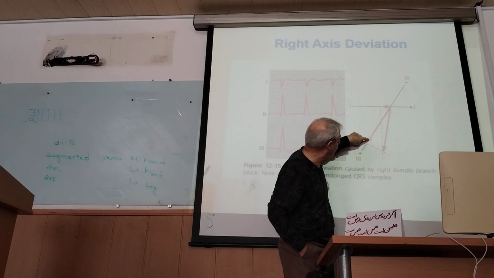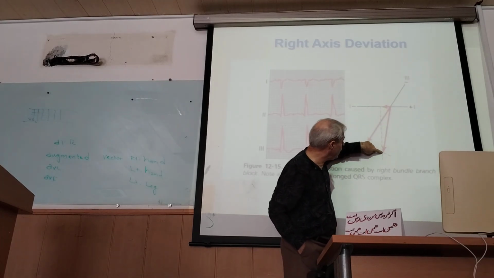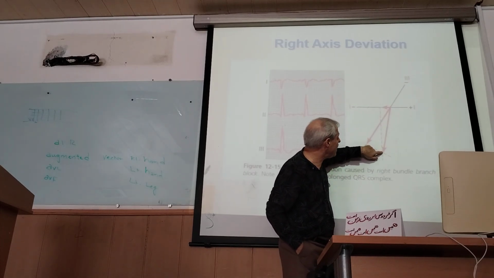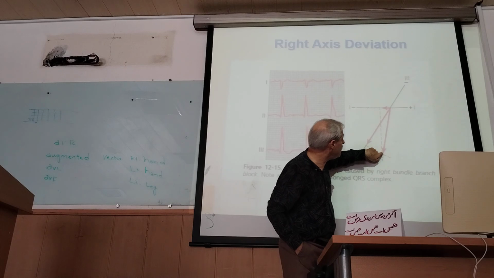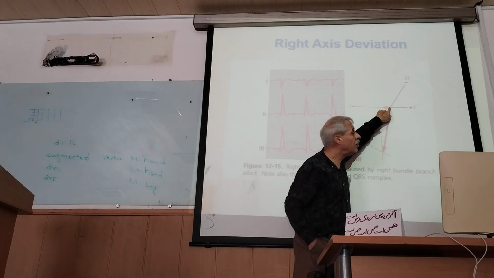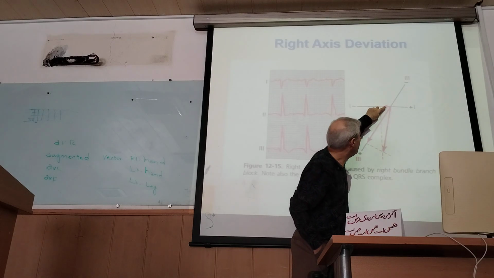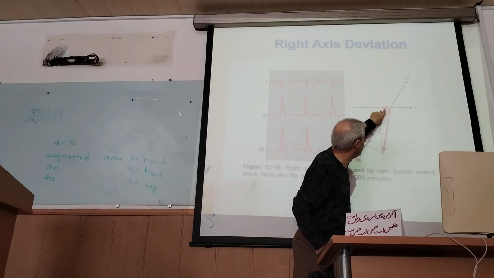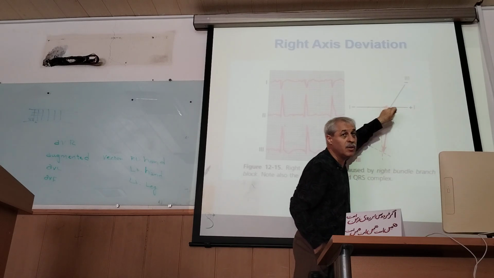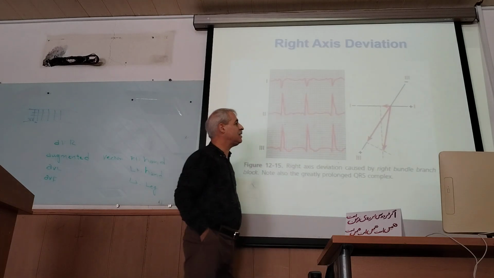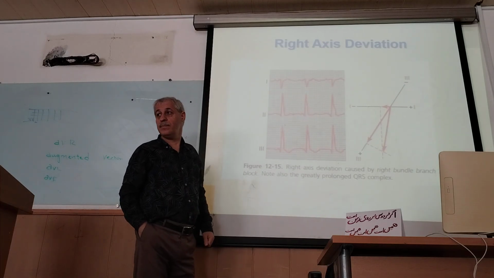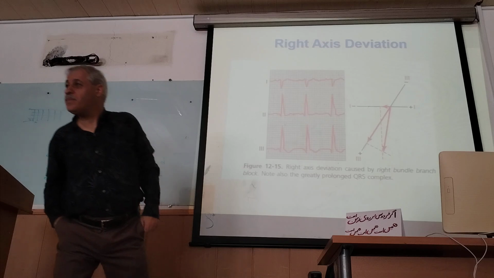From the apex of this arrow in lead 1, make a perpendicular line. At the intersection, you can connect it to the center. Then this angle equals the mean axis.